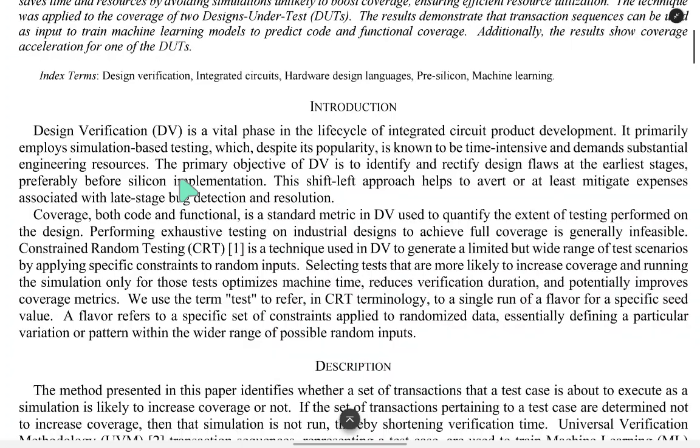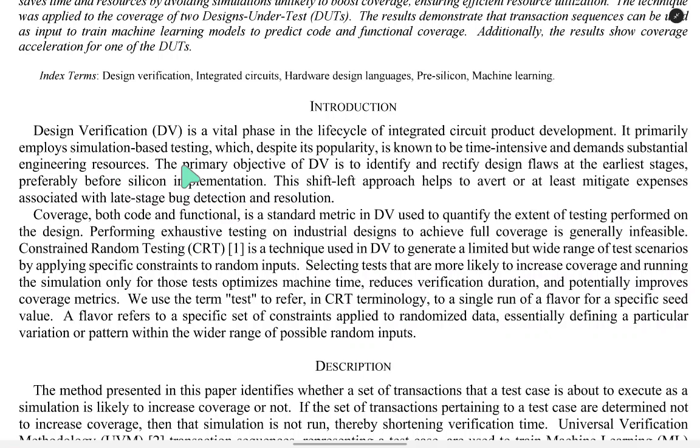Introduction. Design verification (DV) is a vital phase in the life cycle of an integrated circuit in product development. It primarily employs simulation-based testing, which, despite its popularity, is time-intensive and demands substantial engineering resources.